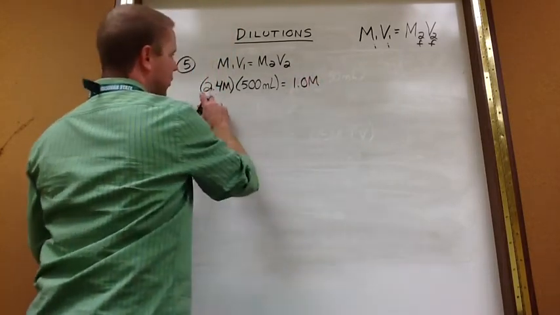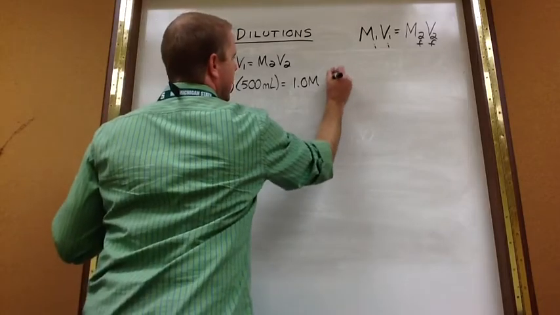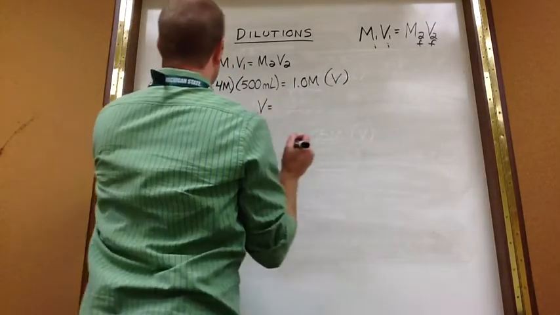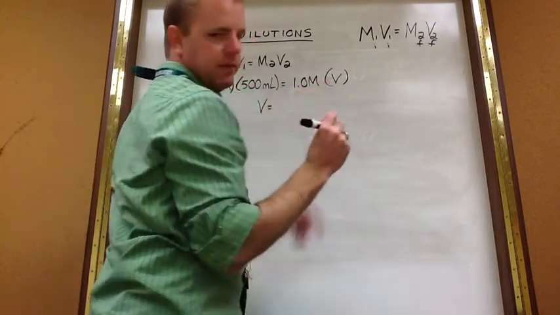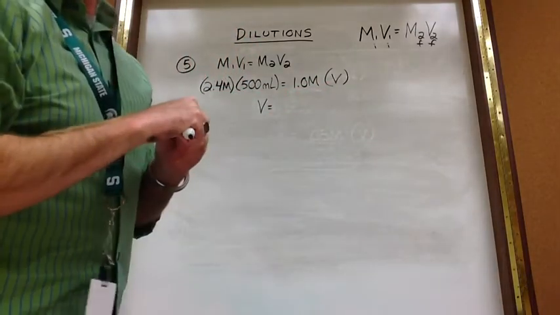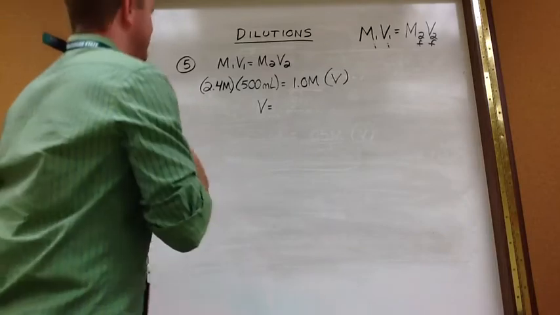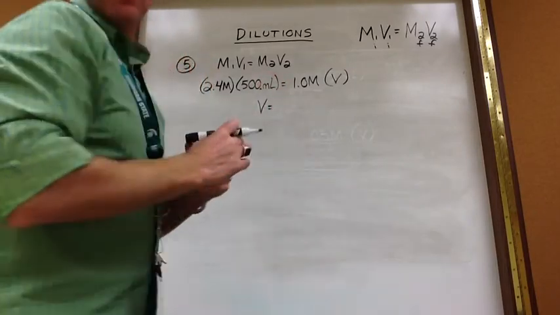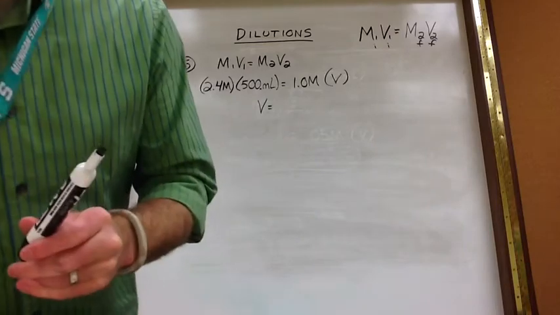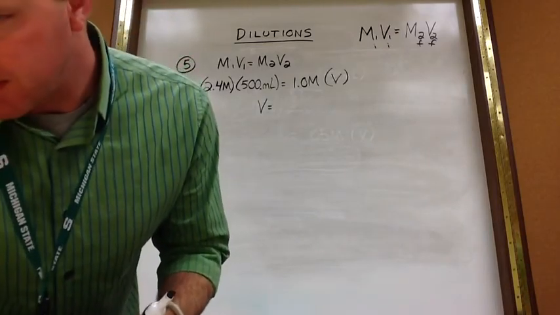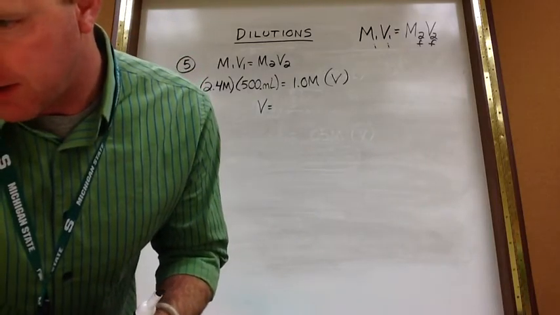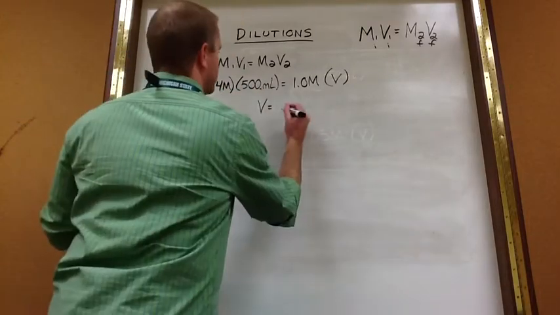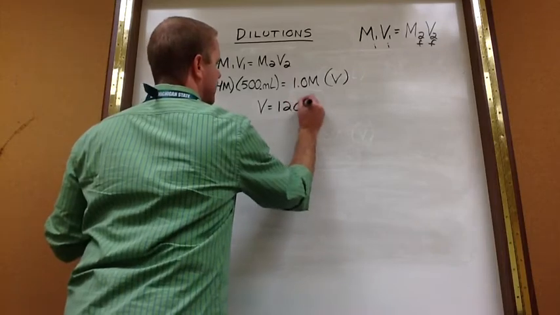So we're going to take it from 2.4 to 1, and what volume would it be of water? Well, you do the math on this. 2 sig figs, 1 sig fig, 2 sig figs, right? So therefore your answer can only have 1 significant figure, but to heck with that. We're going to make this 500 with a decimal place, 500. milliliters. When we do this then with two significant figures, the answer is 1,200.